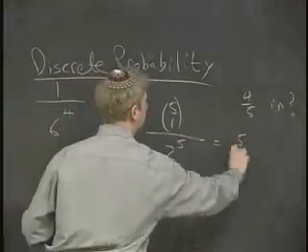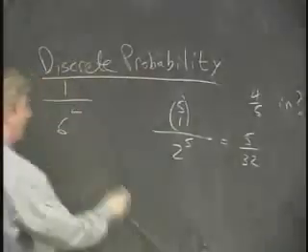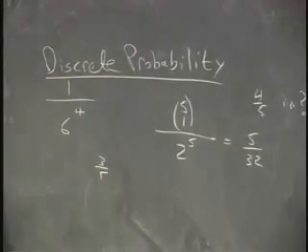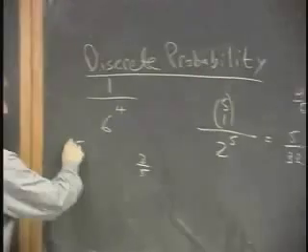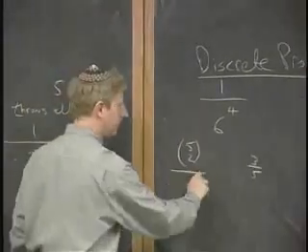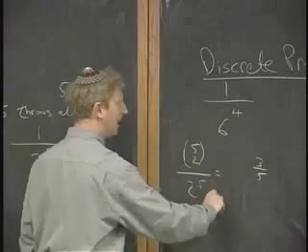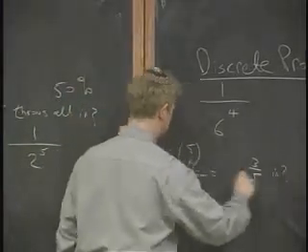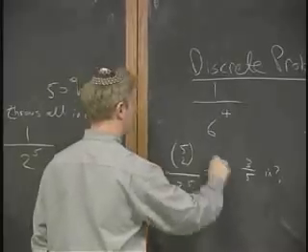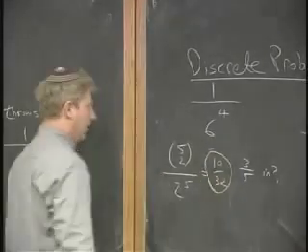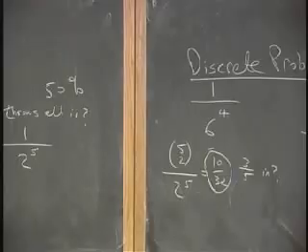So that's 5 over 32 to get 4 out of 5. How about 3 out of 5? 5 choose 2, or 5 choose 3, same thing, out of 2 to the 5th. That equals 10 out of 32.